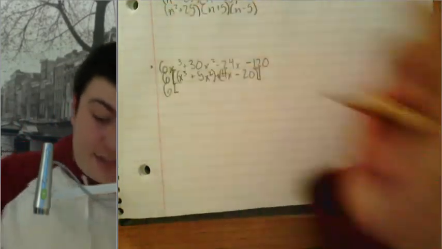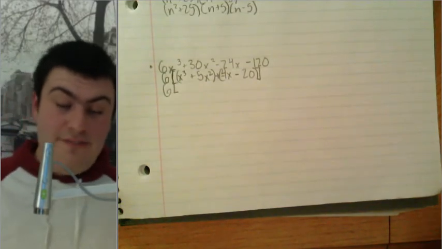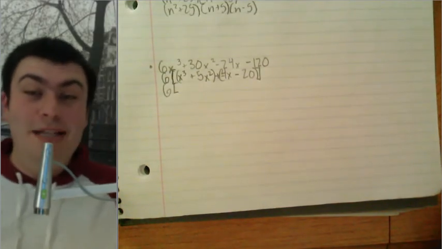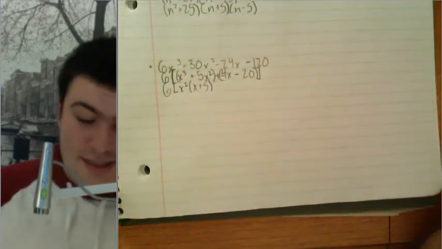So x cubed plus 5x squared, I can pull out an x squared and be left with x plus 5. Plus negative 4x minus 20, I can pull out minus 4 and be left with, again, x plus 5.